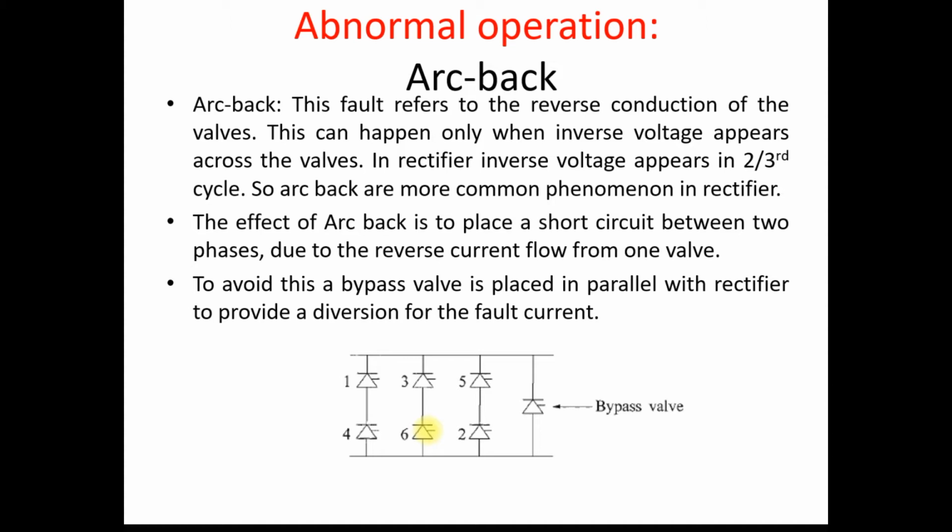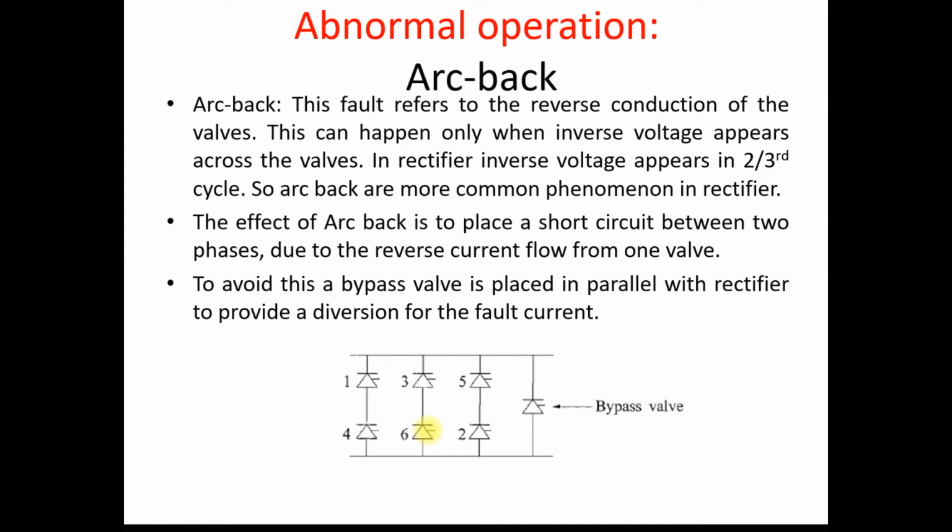I hope you understand this arc back. It normally happens when we use a mercury arc valve. It does not happen in thyristor valves. Nowadays we use the thyristor as a valve, but before the invention of the thyristor, we used the mercury arc valve, and in the mercury arc valve this type of problem occurs continuously.